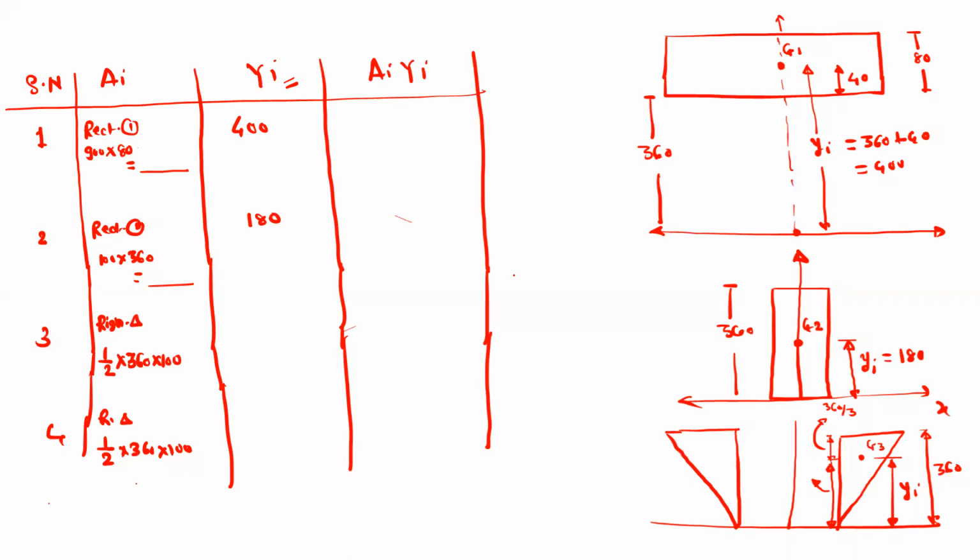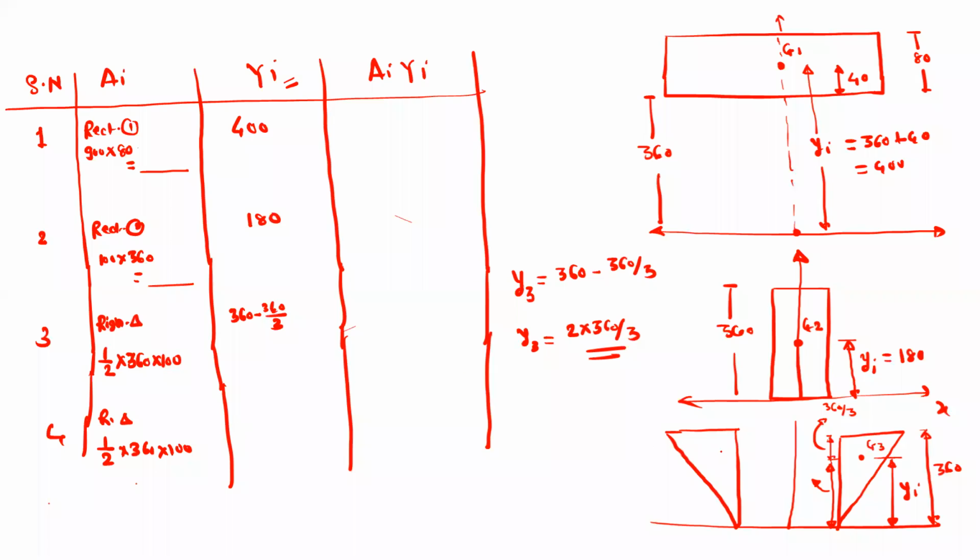So for this y coordinate, I will write here y3. The first formula is 360 minus h by 3, and the second formula is y3 equal to 2 into h by 3, so 360 divided by 3. We will get the same answer. Here this is 360 minus 360 by 3, so finally we get the same answer, 2 by 3 into 360.